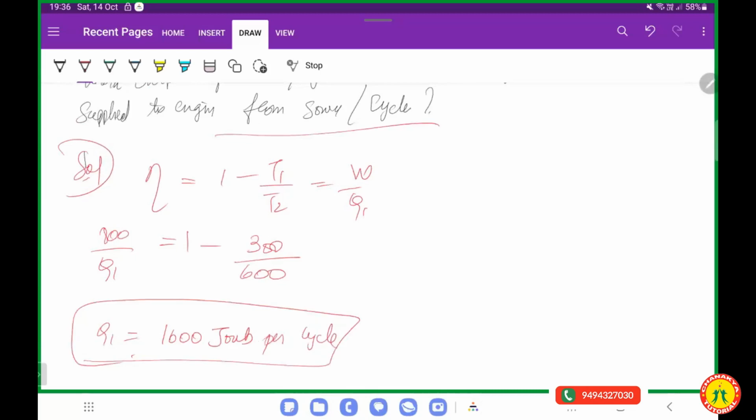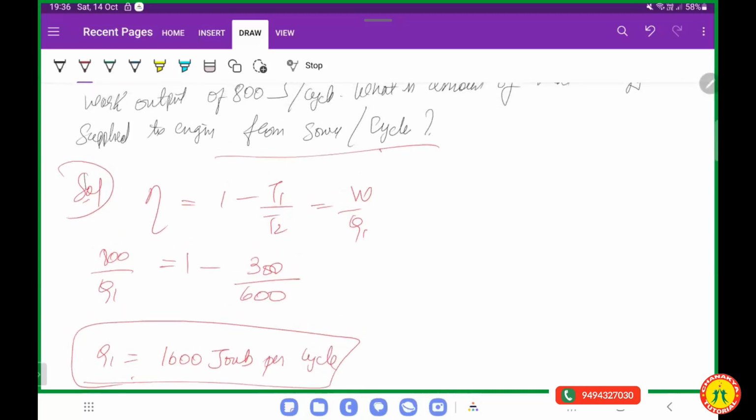They're asking per cycle. 1 minus half is half, so 800 divided by half is 1600.